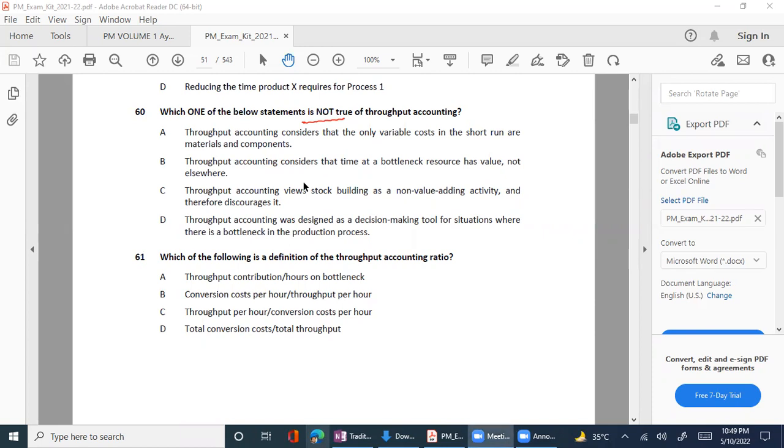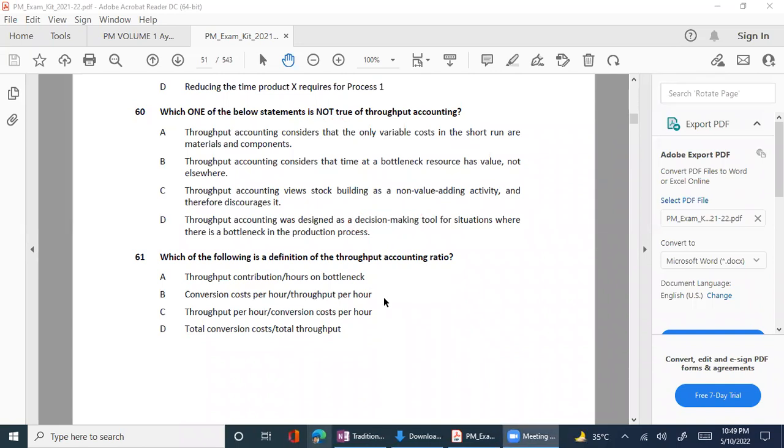Yes, D is the right answer because there is a little change. This is basically a production management technique, not a decision making technique. So D is the right answer.